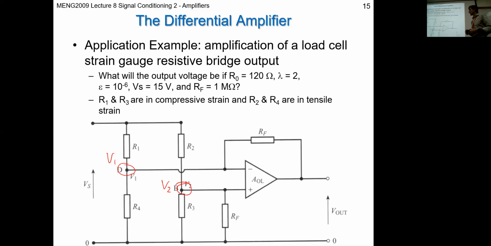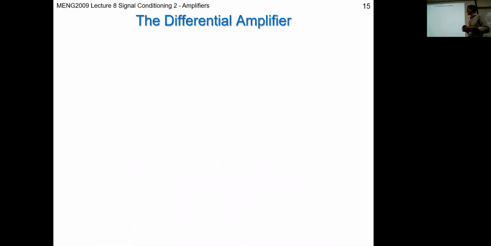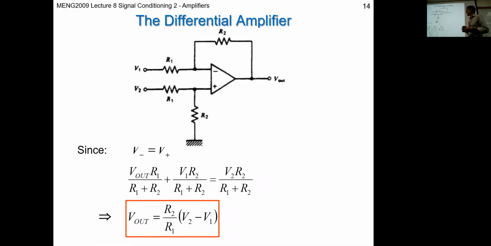Now, a trick that we have to bear in mind with this problem is that we don't really have a clear input resistance. If we go back, you see here, our output voltage for this diff amp is the differential voltage times our feedback over our input.